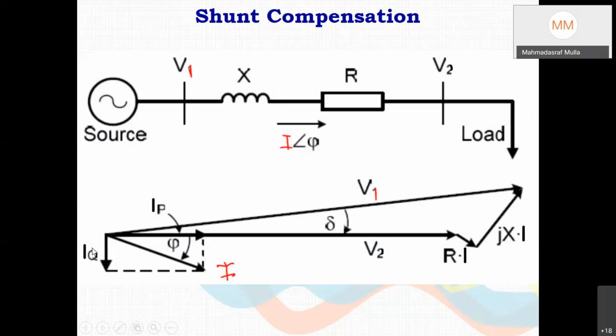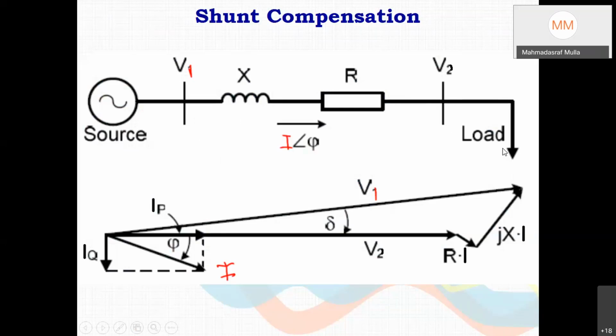For example, take this simple basic power system diagram. We have a sending end voltage V1, a transmission line represented by some impedance R and X, and receiving end voltage V2. And here objectively we want to supply only active power.